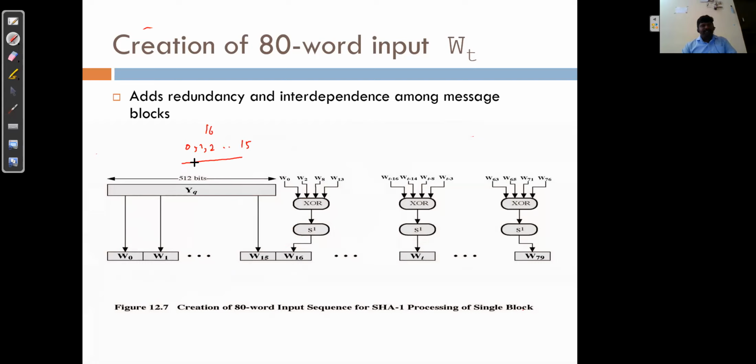Once the sub blocks are created, based on these words, I'll select word 0, word 2, word 8, and then word 13, and then I'll be performing an XOR operation, and I'll be getting a 32-bit value. Whatever value I calculated here will be circular left shifted by 1 bit, and I'll be getting a word which is 32 bits in size.